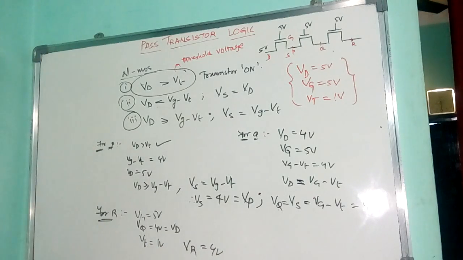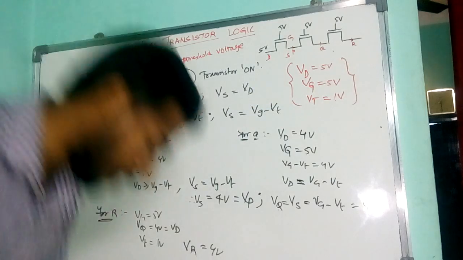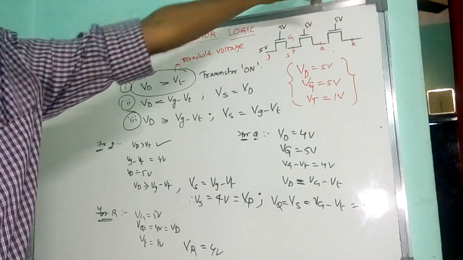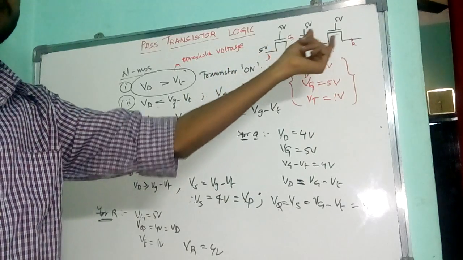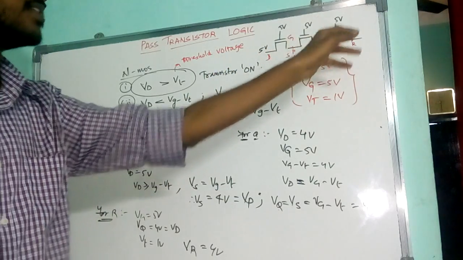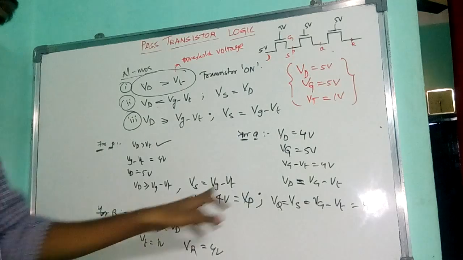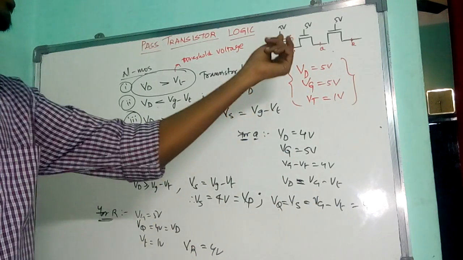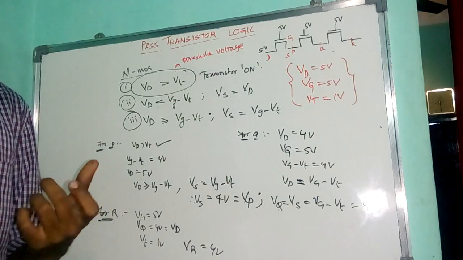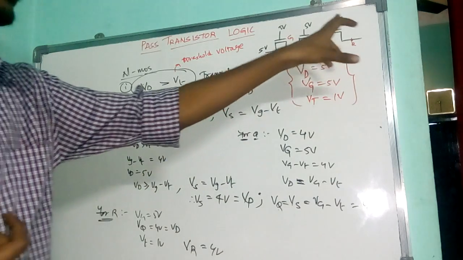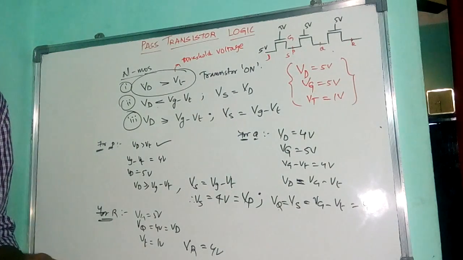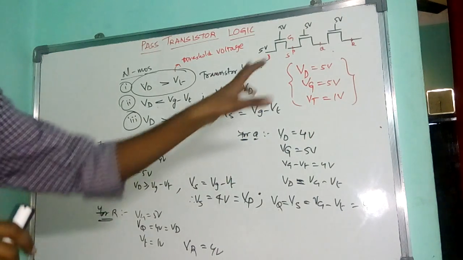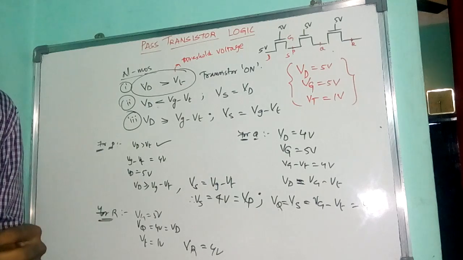So whenever I apply a 5 volt input at Vd and the same gate voltages, and I operate a pass transistor, my voltages at every instant will be 4 volt, 4 volt, 4 volt, the same voltage. What is the difference? Just the Vt amount is dropped from the first transistor and it continues for the rest of the transistors. This is how a pass transistor with a number of NMOS transistors works.